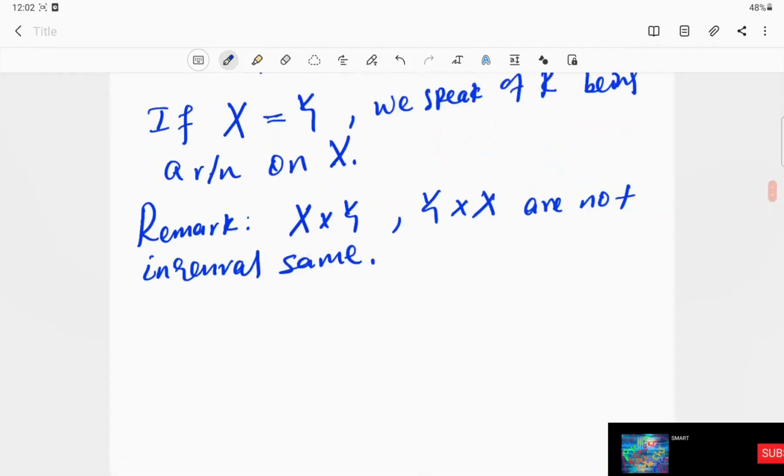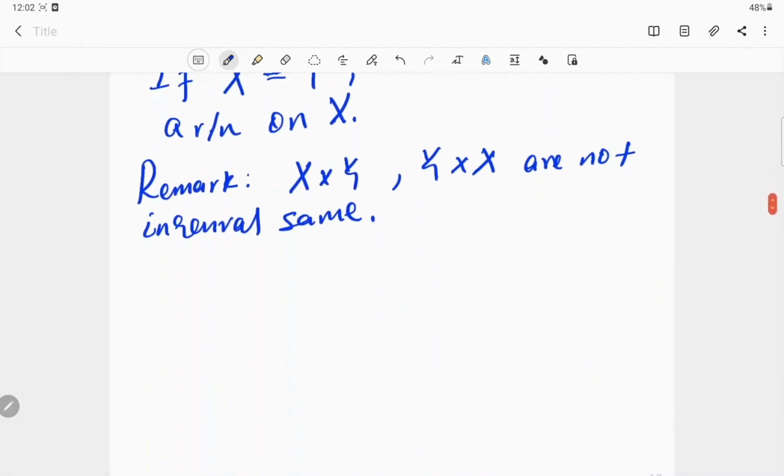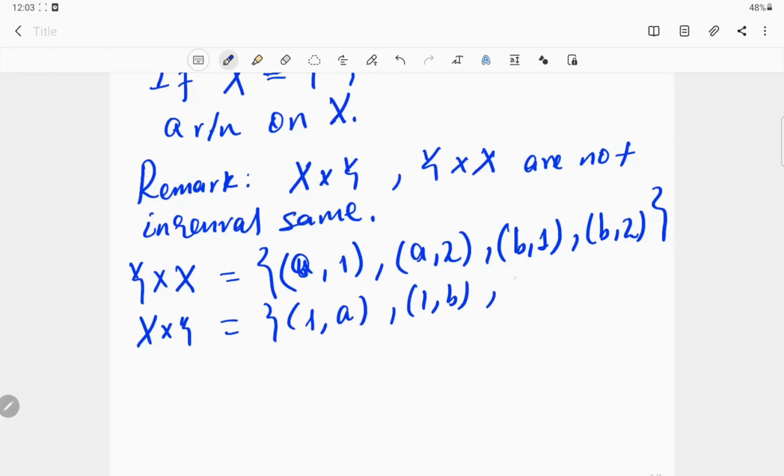For example, recall the example here. For x cross y we had 1a, 1b, 2a, and 2b.